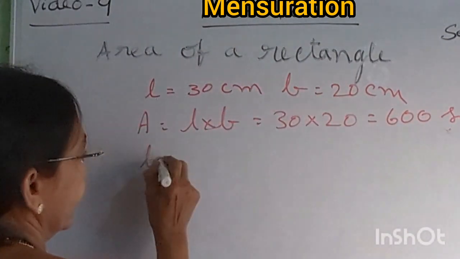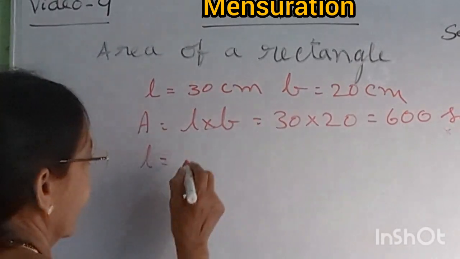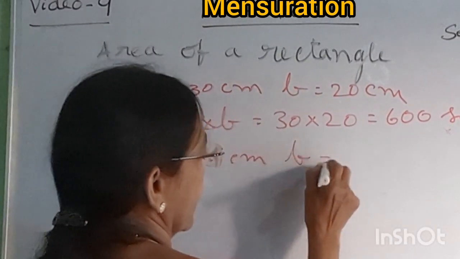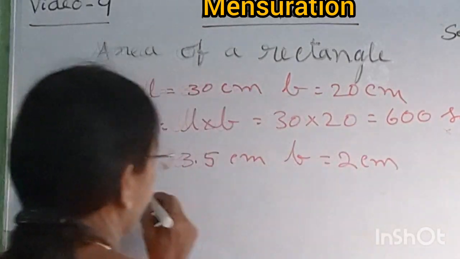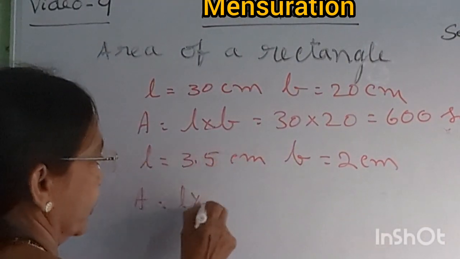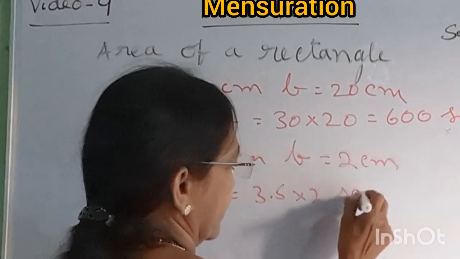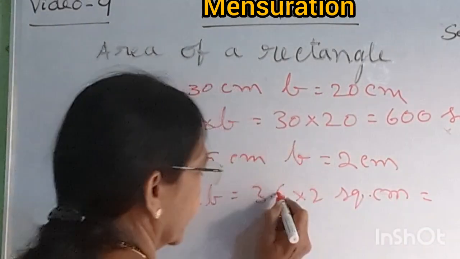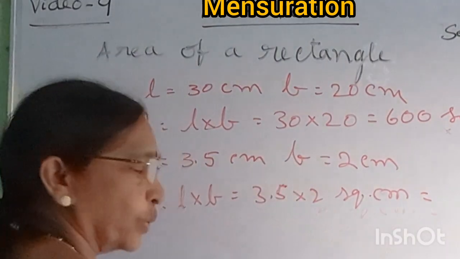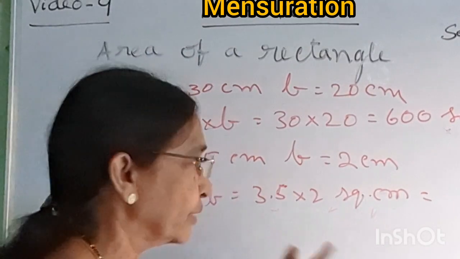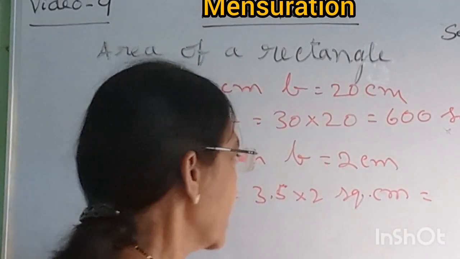Similarly, if the length of a rectangle is 3.5 centimeters and the breadth is 2 centimeters, then also A is equal to L into B, which is 3.5 into 2 square centimeters. That is equal to 7. 3.5 added to another 3.5 will become 7.